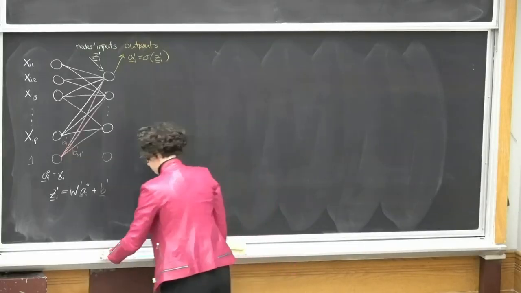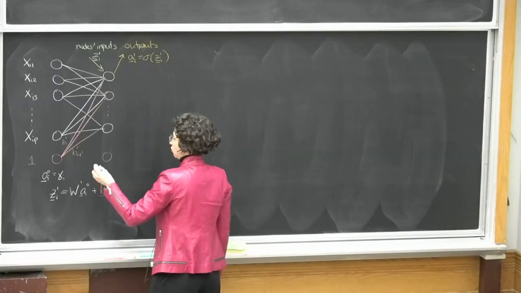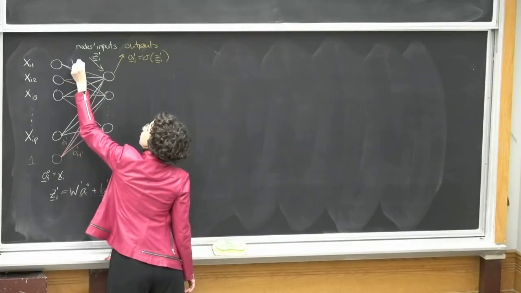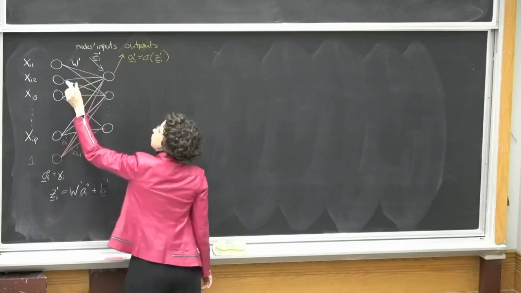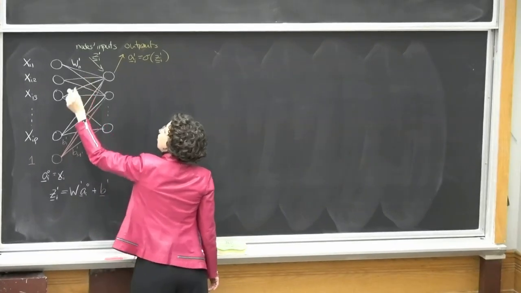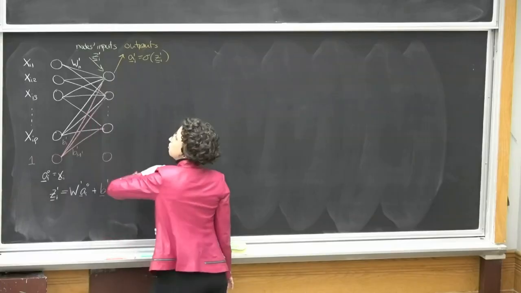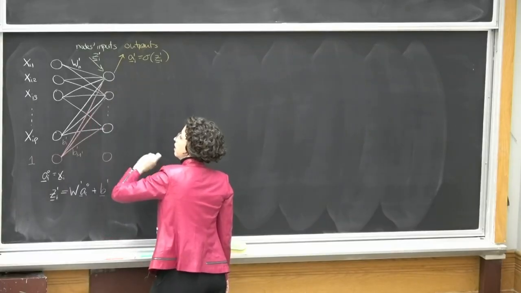And similarly, the white lines correspond to elements of this weight matrix W. So this first line is W with superscript 1 and subscript 1,1 because I am going from node 1 to node 1 in the next layer.